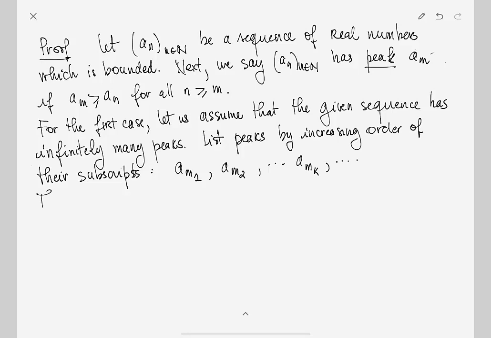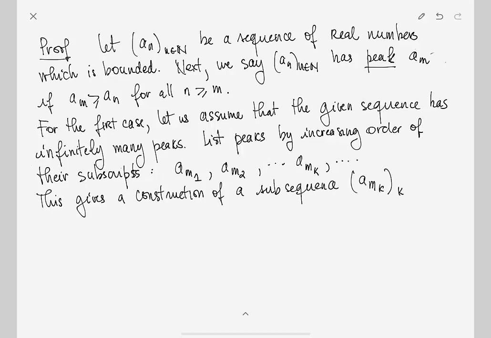Right, so this gives a construction of a subsequence a_{m_k}, where we'll have that a_{m_1} is greater or equal to a_{m_2}, which is greater or equal to the next peak, until we have some a_{m_k}, and we keep going in this fashion.